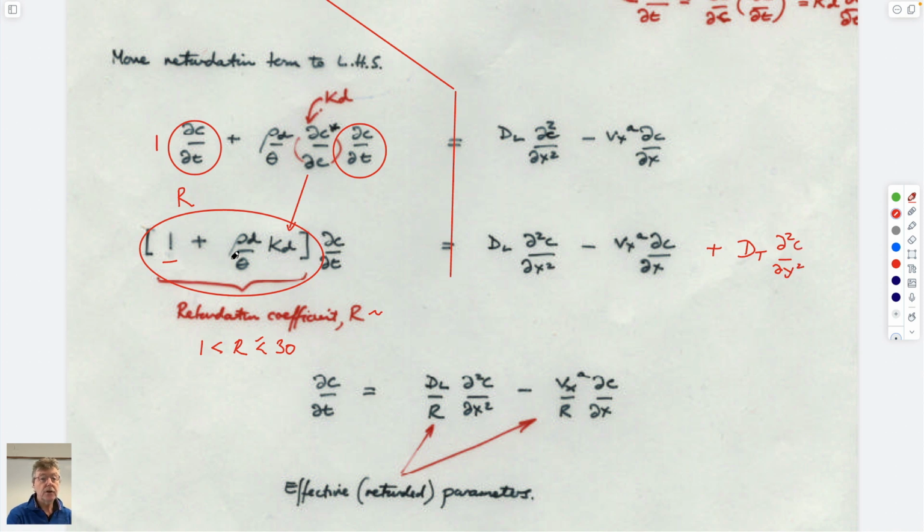It's written in terms of liquid concentrations throughout, so we can rearrange it. Divide both sides through by R. And this is 1 over R. So this whole term here goes to 1. And we have this.